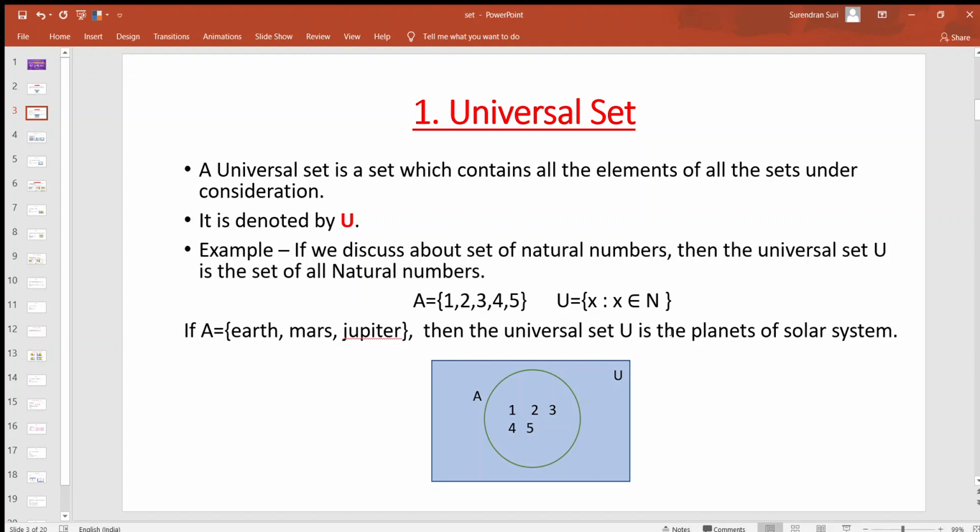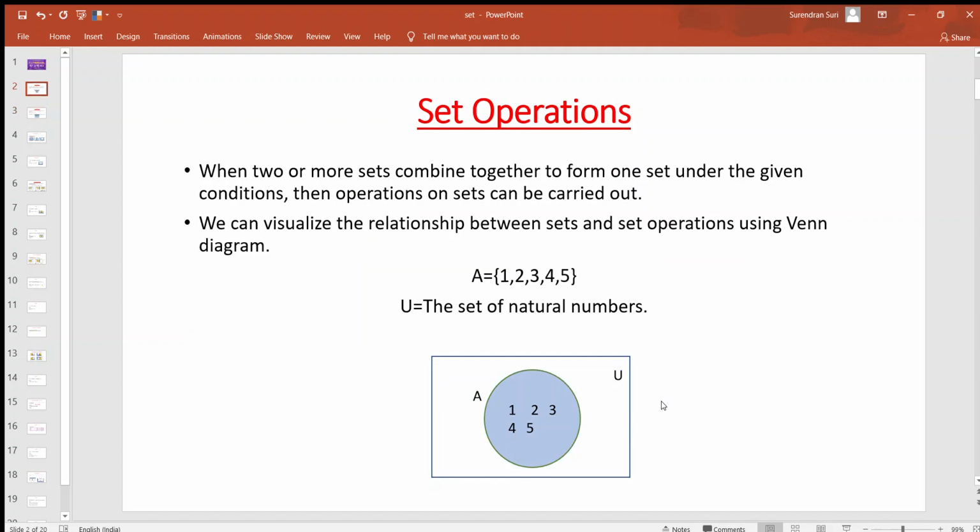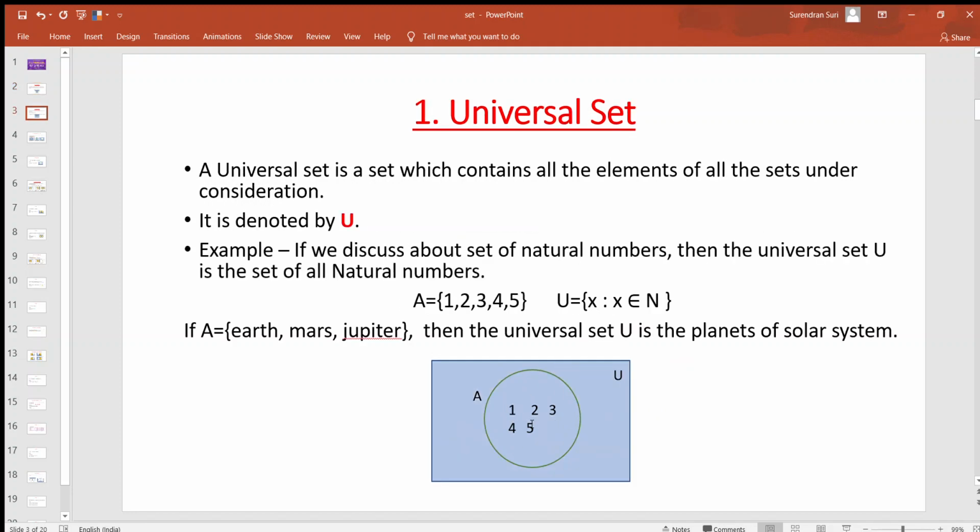This is called the universal set. If you are asked to show set A, then we have to shade only the circle. To represent the universal set, we'll shade the entire box. This is how we show a universal set in a Venn diagram.